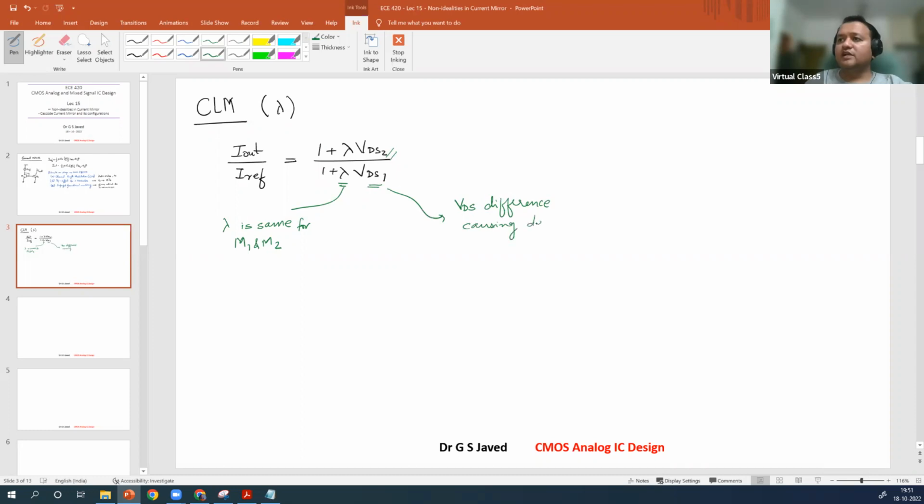Now, where is this deviation being caused? This deviation can be in the ideal current amplification, or you would say ideal current gain, or current mirror. So these are the two assumptions that we have while we are operating in this circuit.